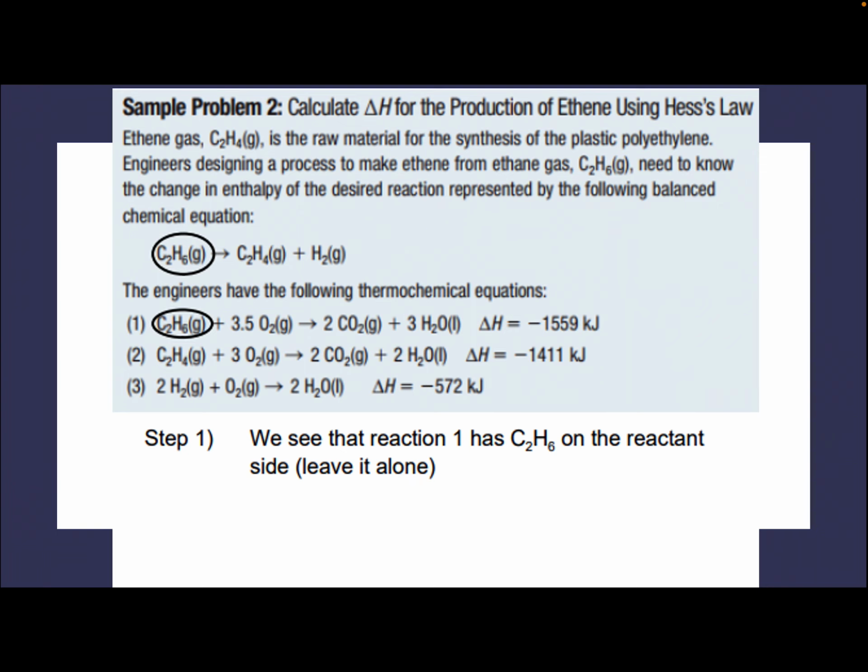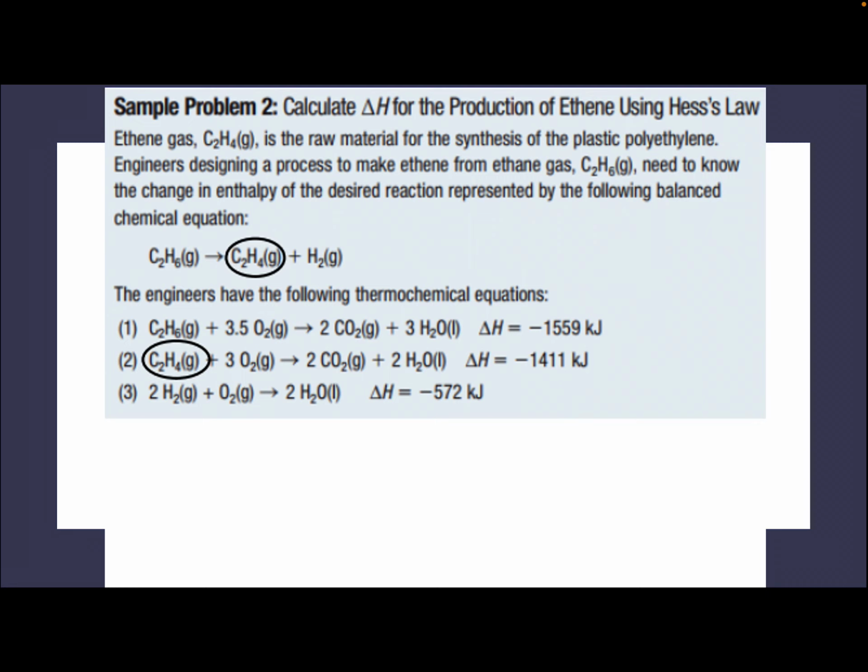So first up, we see that reaction 1 has C2H6. Okay, so we see reaction 1 is similar, so we're going to leave it alone. The next part here, for number 2, we see that it is the reverse of reaction 2 and 3. Okay, so we can see that it is different.